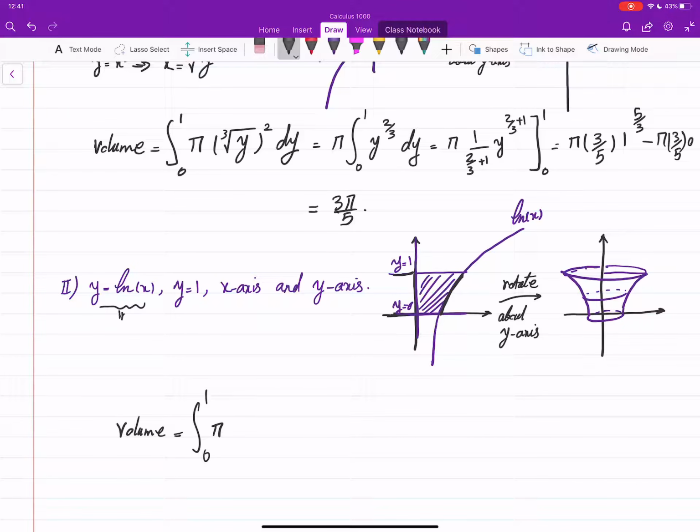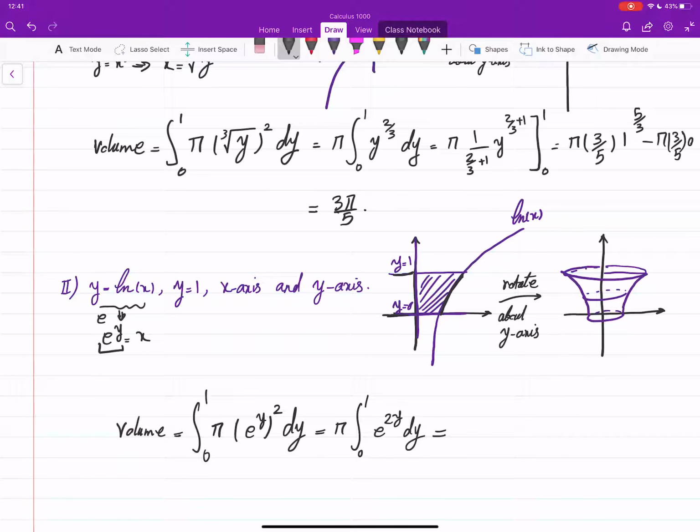We know that the inverse of this, put both sides as the exponent of e, we get e to the power y is equal to e to the power ln x, which is x. So x is a function of y, so we write pi times the integral of e to the power y squared dy. This is pi integral 0 to 1 of e to the power 2y dy.